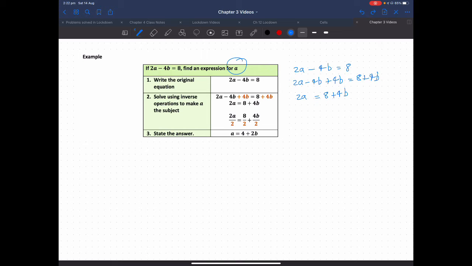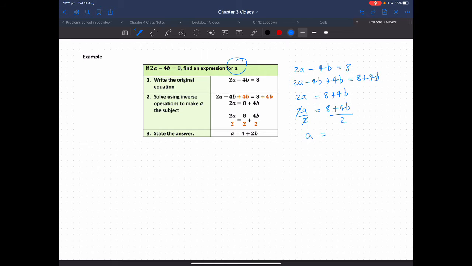So I need to get a by itself, so I'm going to divide both sides by 2. 2a divided by 2 equals 8 plus 4b divided by 2. 2a divided by 2, the 2's cancel, leaving me with a.